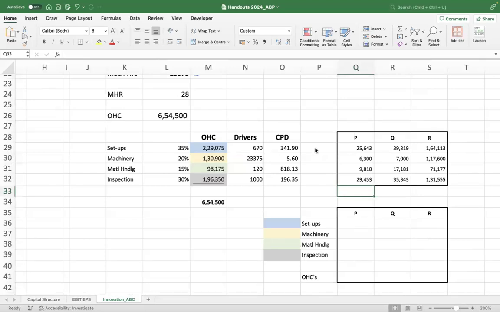Clear? So this is the cost which is related to setups, machinery, material handling and inspection.